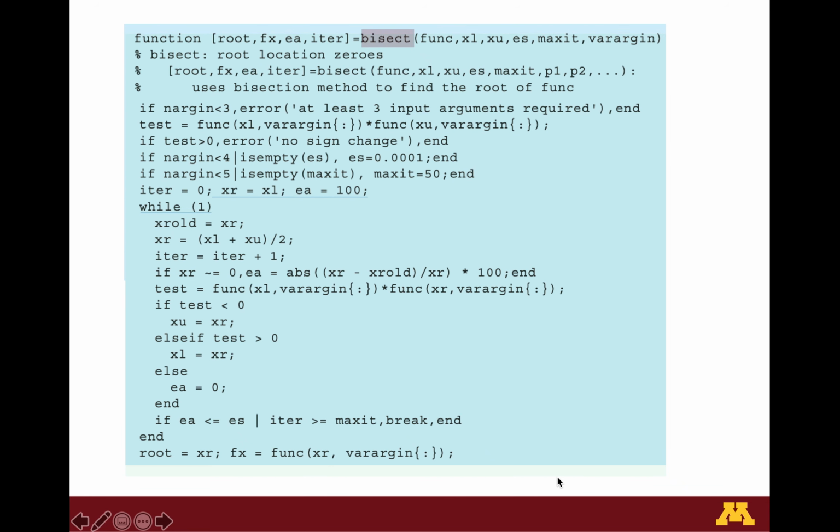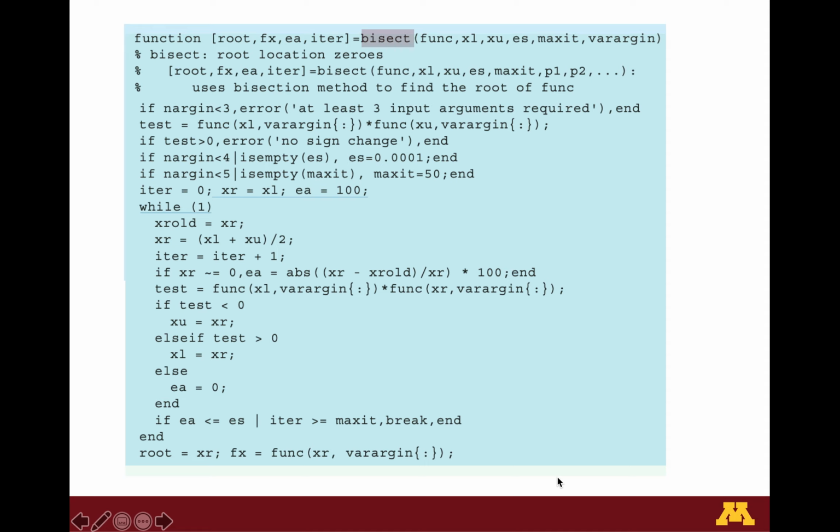This is the bisect function definition. There are several inputs. The first input, func, is the function f(x) to be solved with roots. xl and xu are the lower and upper boundaries for the guess. Es is the desired relative error. If Es is not in the input when calling the bisect function, it uses a default value of 0.0001.